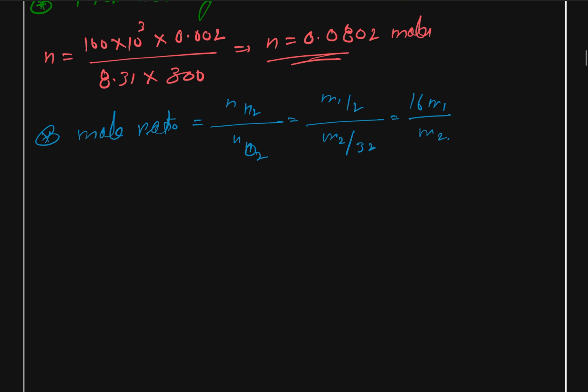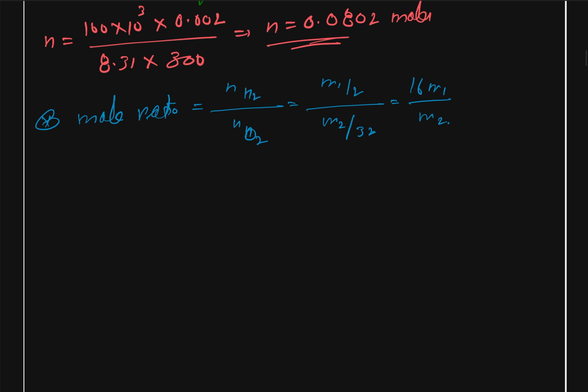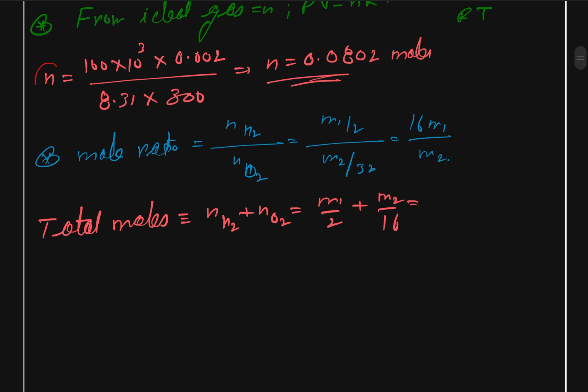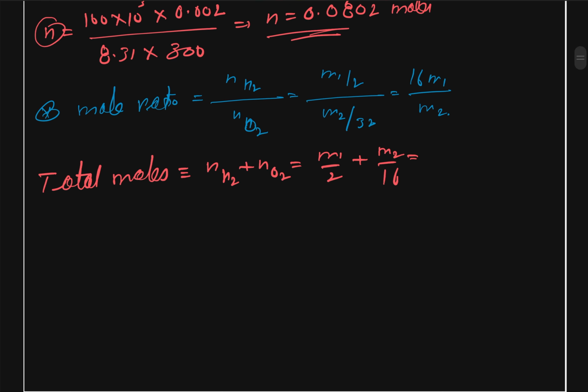The total number of moles will be equal to the number of moles of hydrogen plus the number of moles of oxygen, which we can write as M1 by 2 plus M2 by 32, and we just found the total moles is 0.0802.